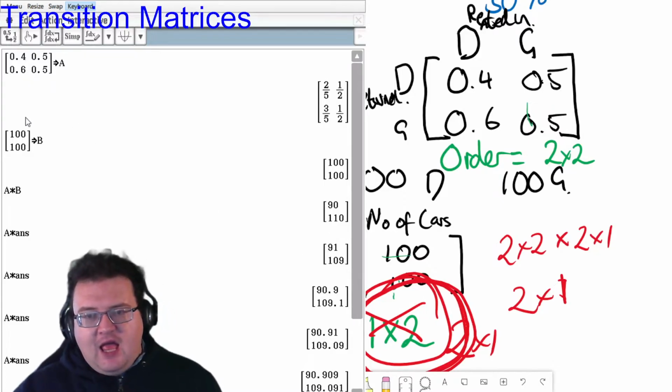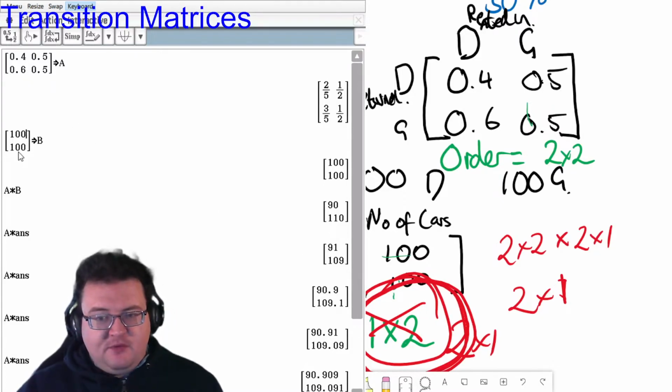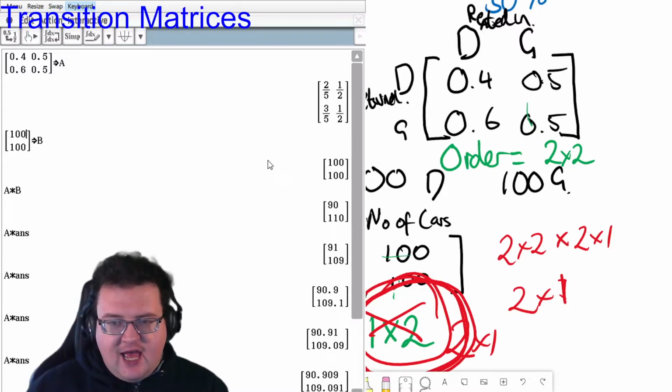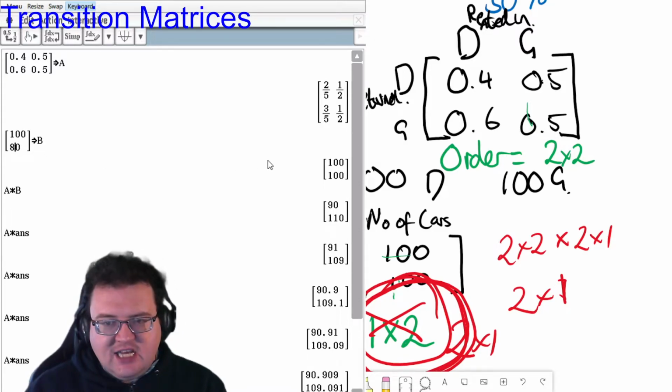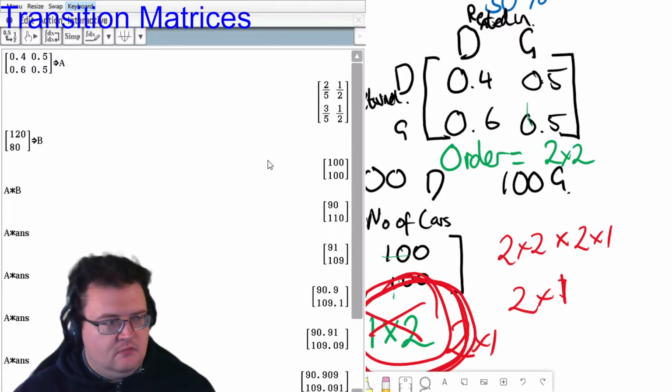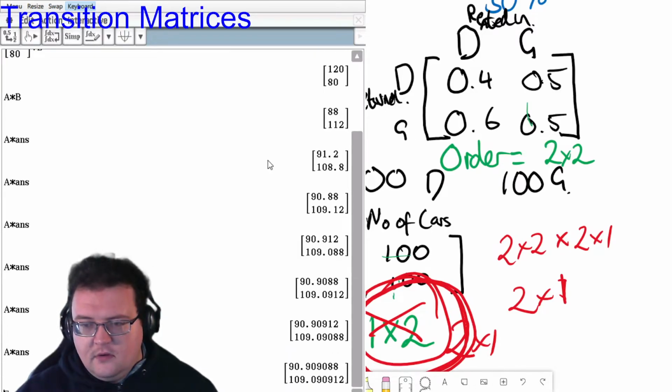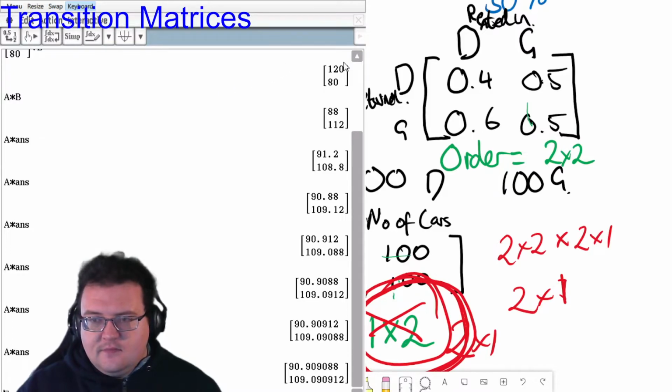So, if, for example, we started with different numbers, say we had 80 cars in Geelong and 120 cars in Dandenong, and we run this experiment again. Look what happens to the general balance of the cars.